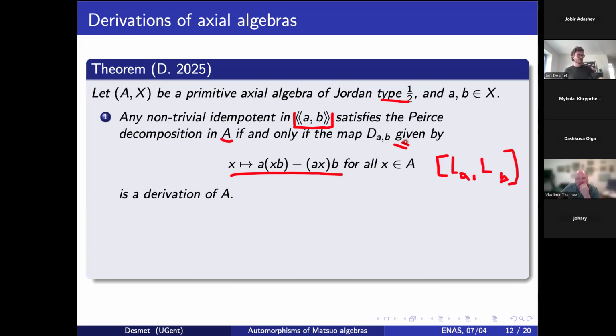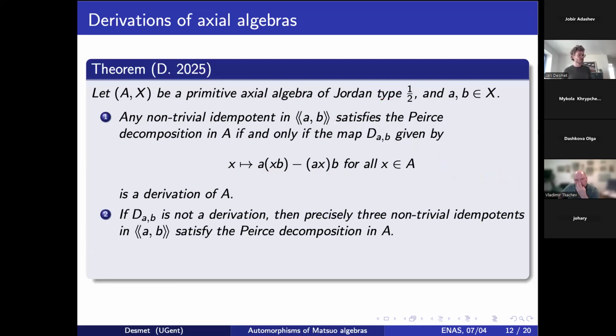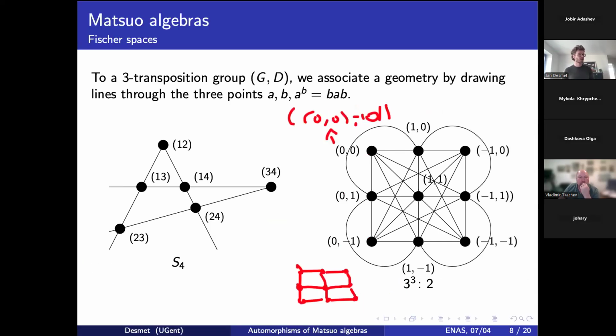But here it says that in this larger setting of axial algebras, you have to have an algebraic condition of this very combinatorial or geometric flavor, saying that any non-trivial idempotent has to satisfy this Peirce decomposition.